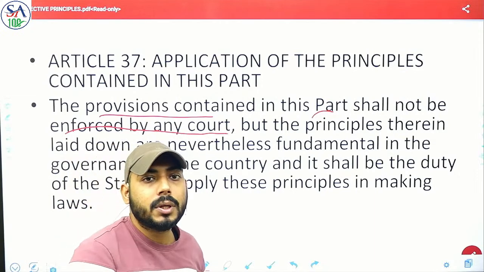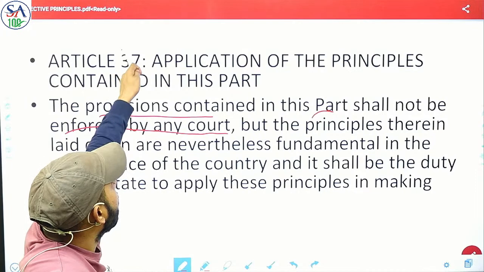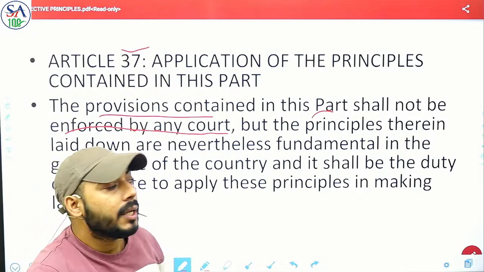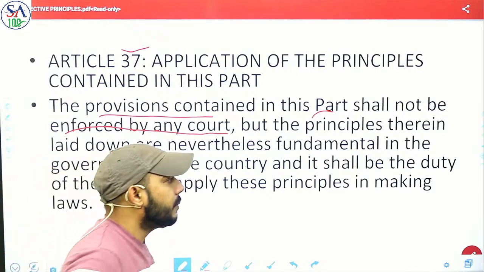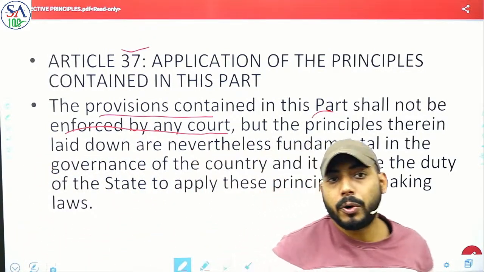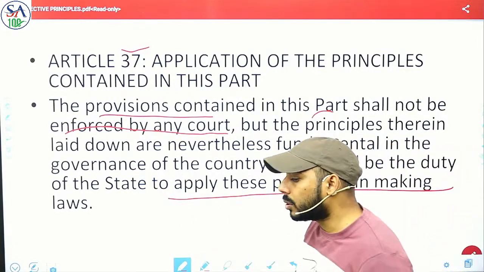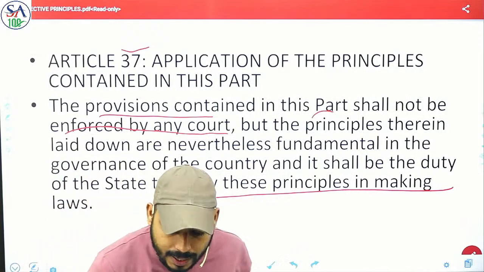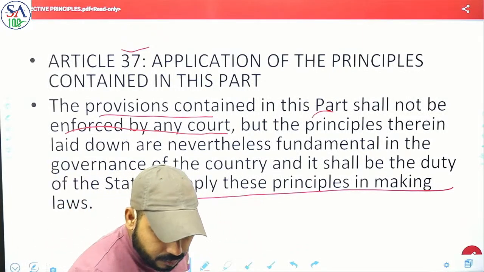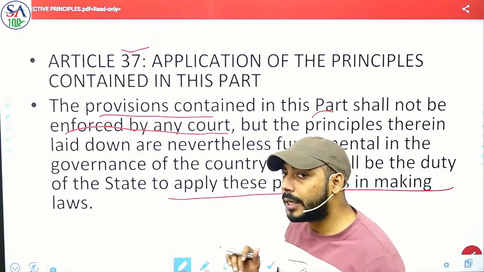That is, it means they are non-justiciable in nature. But it says that these provisions should be followed by the state while making laws. Till now, I think everything is clear.